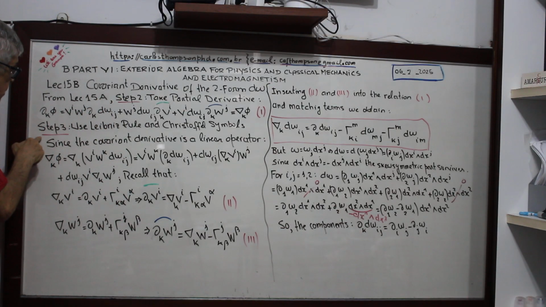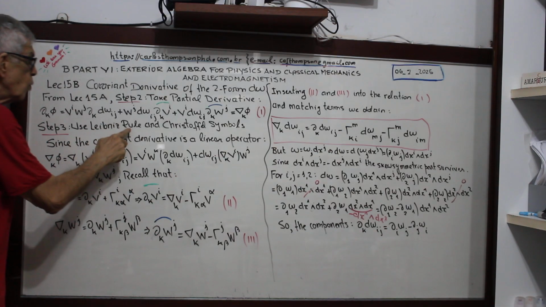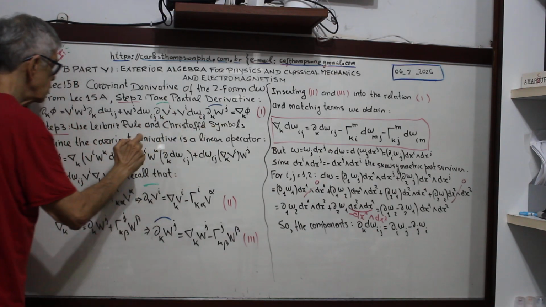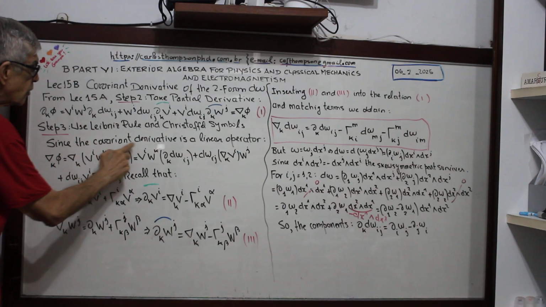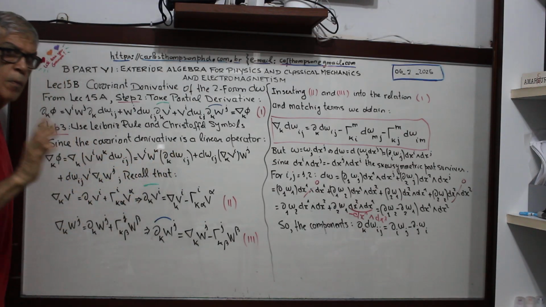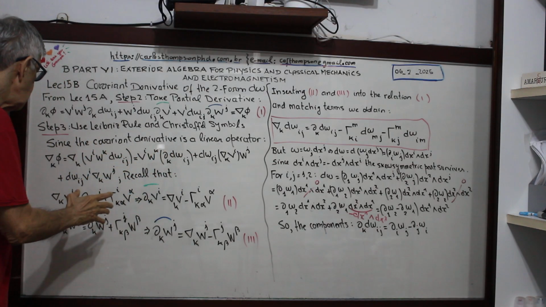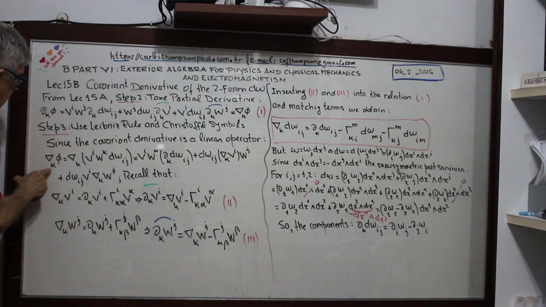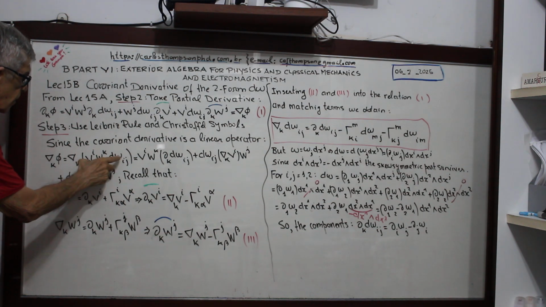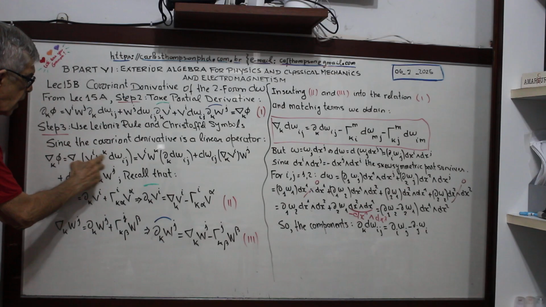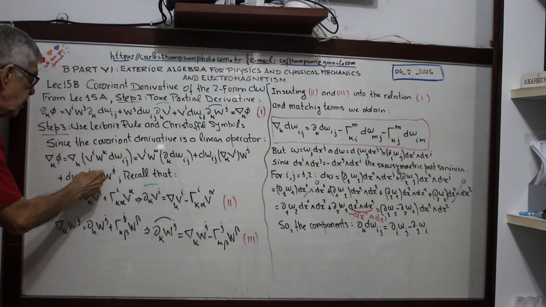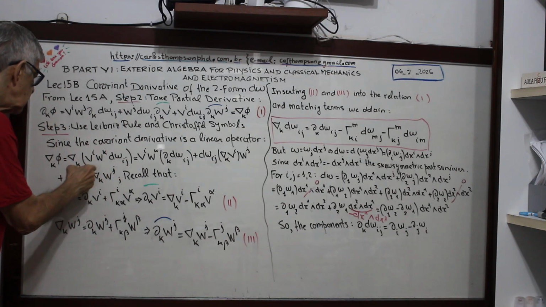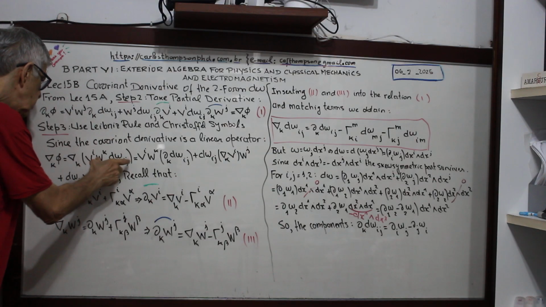Now, step 3, using Leibniz rule and Christoffel symbols. Since covariant derivative is a linear operator, we can expand. You see, the covariant derivative of this is scalar, okay? Because I and J, in this case, they are dummy.